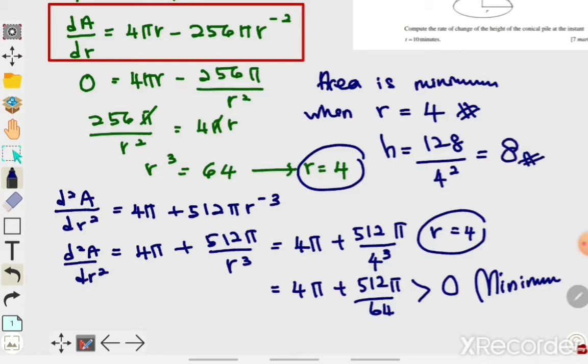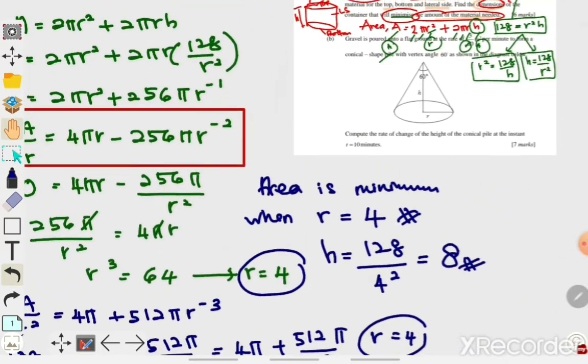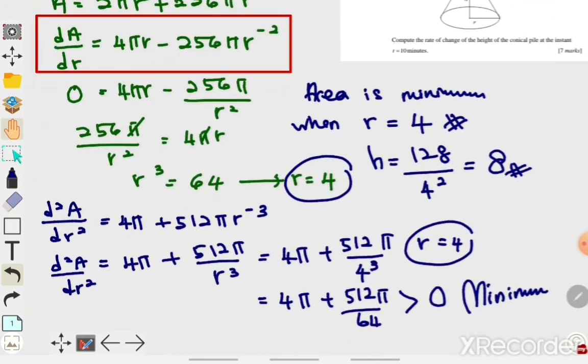So this is the dimension of the area when the radius equals 4 and h equals 8, where it gives us the area is a minimum. Don't forget, let's put down the unit. So let's do for the questions. This is meters. So put down that this is 4 meters, this is 8 meters. Done.